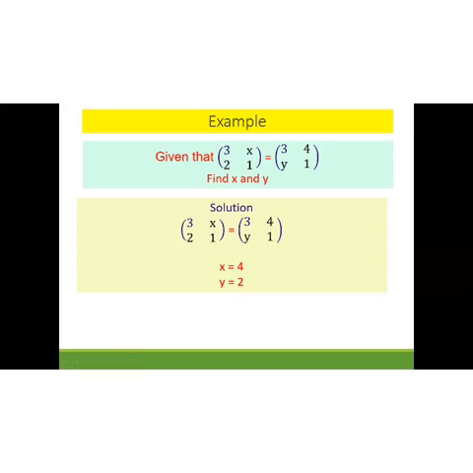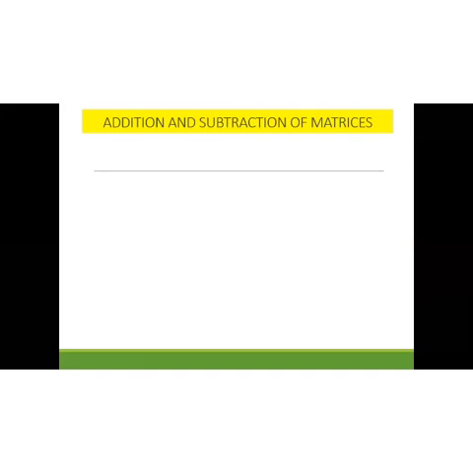So let's go on now to talk about some calculations involving these matrices. We've been talking about the notation, how it's denoted, and the basic concepts. Let's now talk about adding and subtracting of matrices.